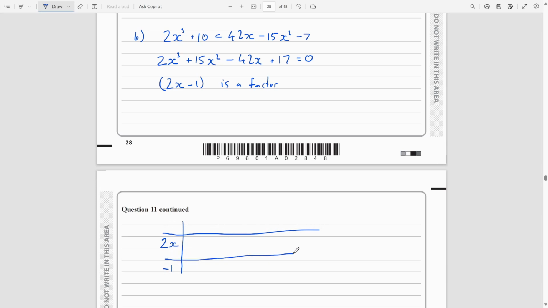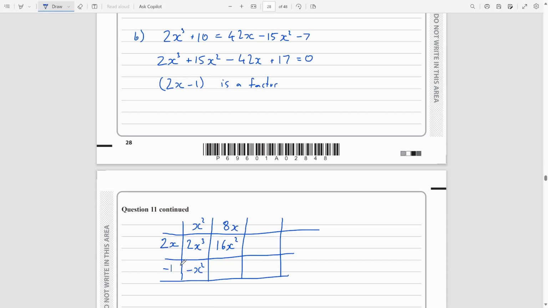Looking at what I'm aiming for, I need a 2x cubed here. So since that's 2x cubed, this had to be x squared, which means this is minus x squared. In total, I wanted 15x squared, so I needed 16x squared here. What do I multiply 2x by to get that?